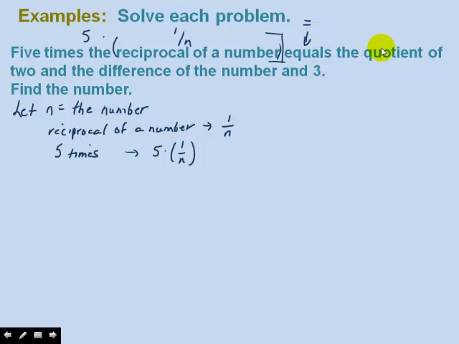And then we're going to have the quotient, which signals division, of 2 and something else. Let's take this whole phrase and set it off because we're going to have to translate this one first. So we have the difference of the number and 3. Remember, our number is n, so the difference of the number and 3 would be n minus 3.